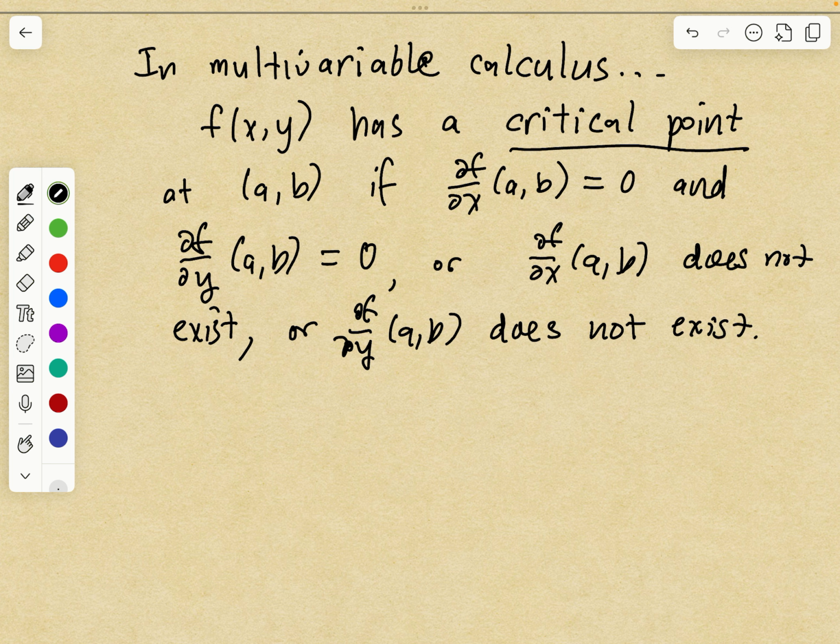But in all the examples that we're going to be working with, the partial derivatives will exist. Actually, in some books, they only define a critical point to be where both partial derivatives are 0.